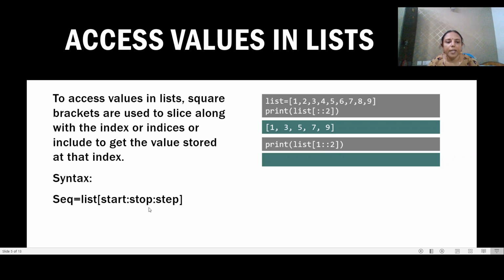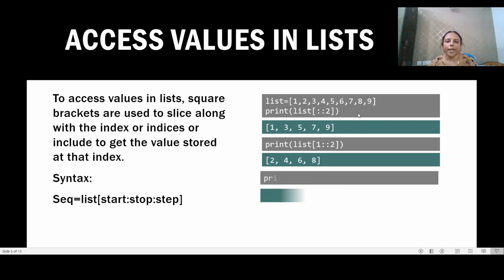So it will scan the entire list with the increment of 2. So what do I get? It starts from this value, then the index is incremented by 2. So you will get the values as 2, 4, 6, and 8.